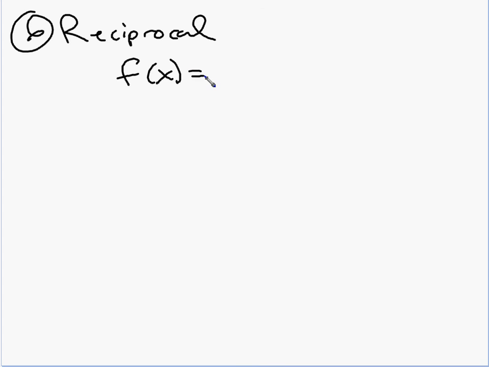The next family member is the reciprocal family member. The reciprocal family member is one like this, f of x equals 1 over x. Or we could also think of it as, and I'd like for you to add this, rational.